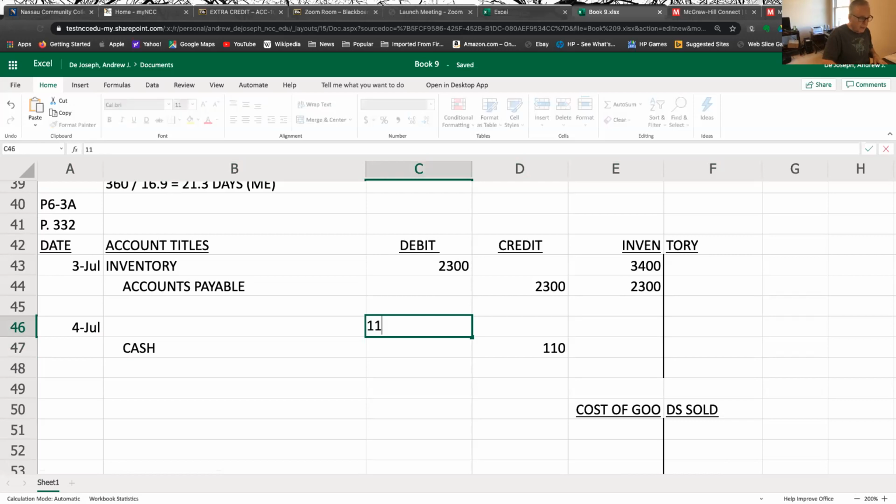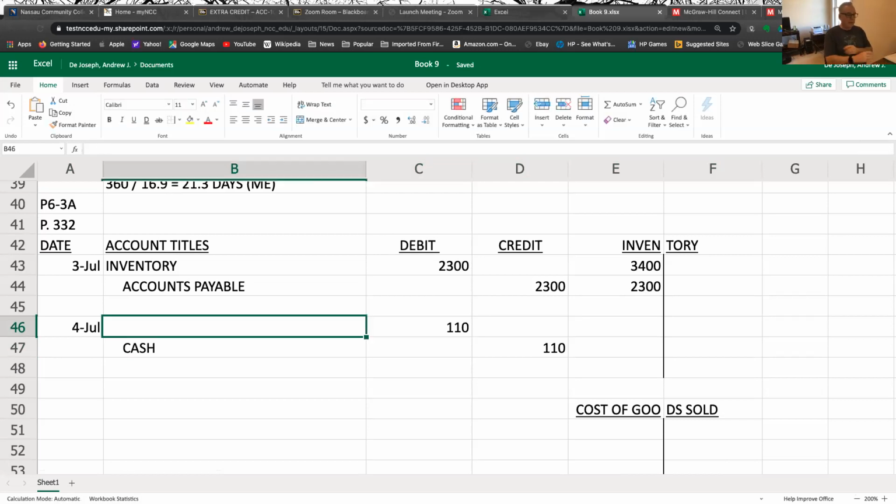That means I have to debit something for $110. Now, a normal person would say, well, freight is an expense. I'll debit freight expense. Isn't that what a normal person might assume?